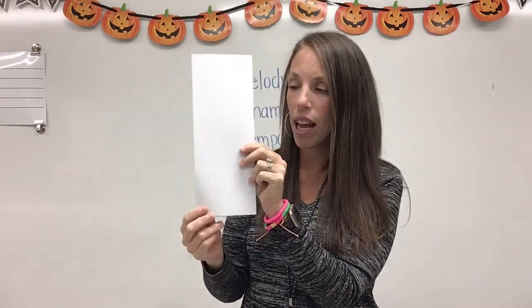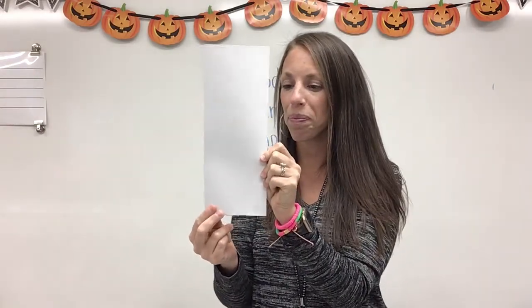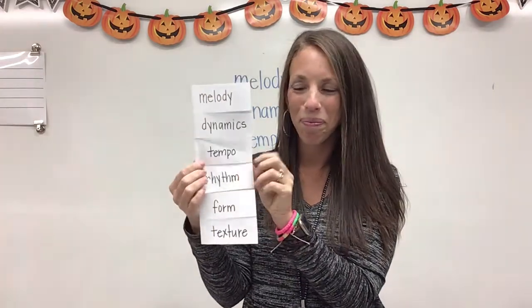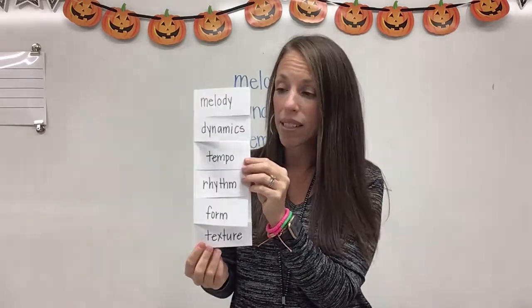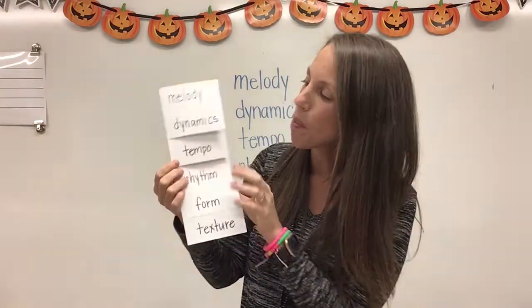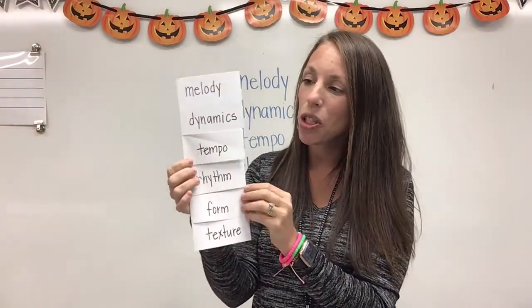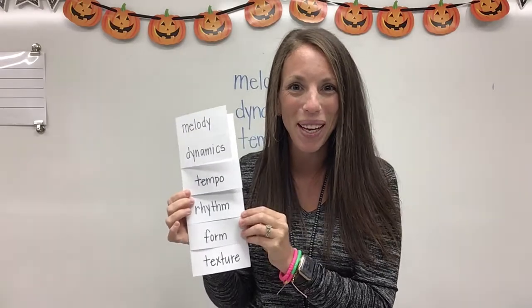Please write your first name and your last name. Over the next few lessons, we are going to be talking about all of these musical elements. And you are going to learn how these musical elements make music.